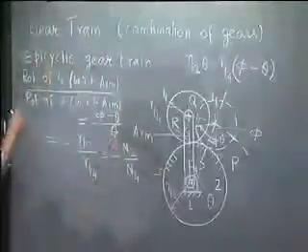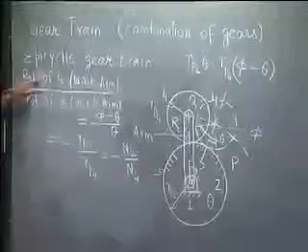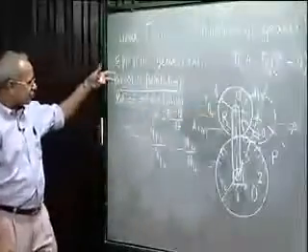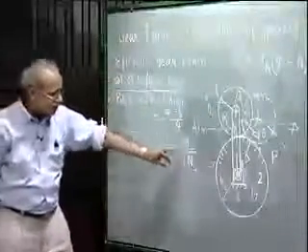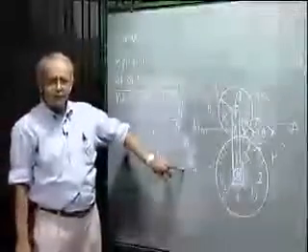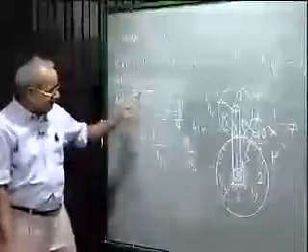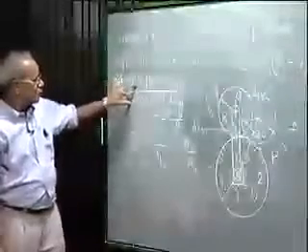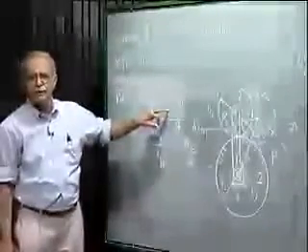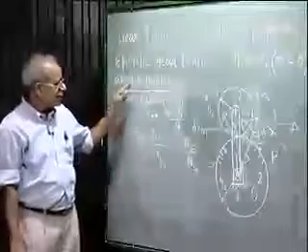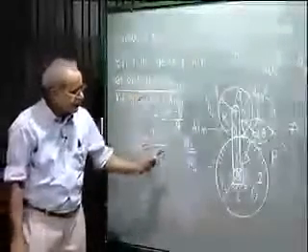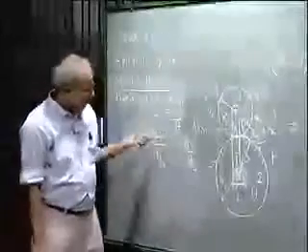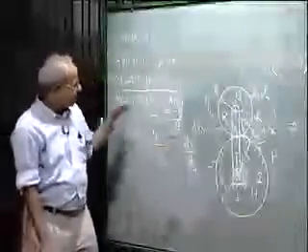So what we are getting is that in the case of an epicyclic gear train, because the arm is moving, the absolute rotations of 4 and 2 are not governed by the number of teeth on them. Otherwise it is exactly the same train value, only if we consider relative motion of 4 and 2 with respect to the arm. Not the absolute motion, but the relative motion with respect to the arm still follows the train value as minus, because this is external gearing, and the inverse ratio of number of teeth.